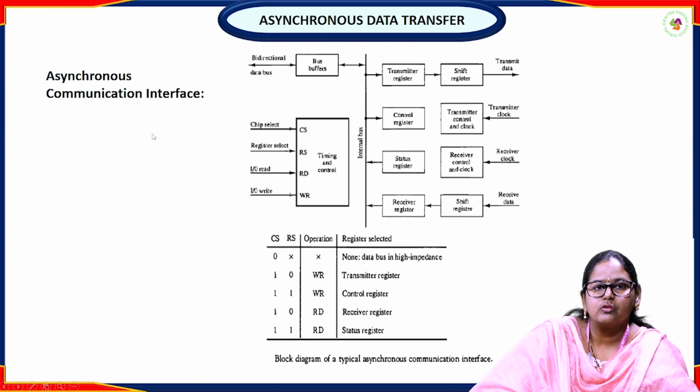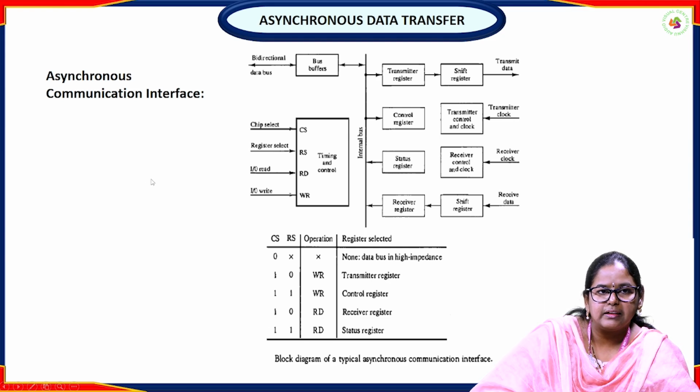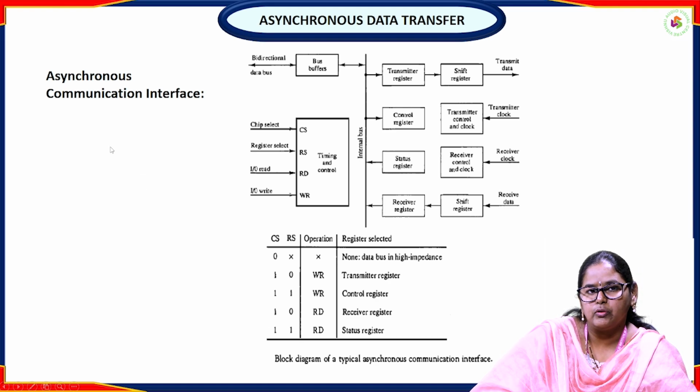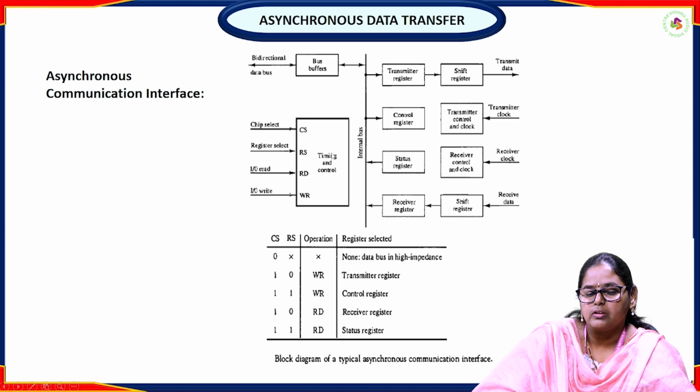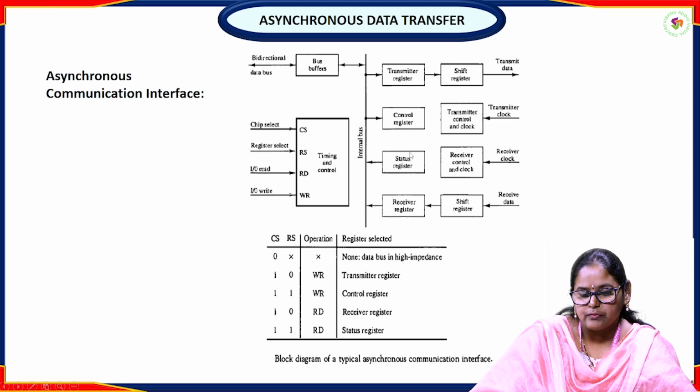And let us go with one more subtopic in asynchronous data transfer, which we call the asynchronous communication interface. Here we have a block diagram that represents the asynchronous communication interface.